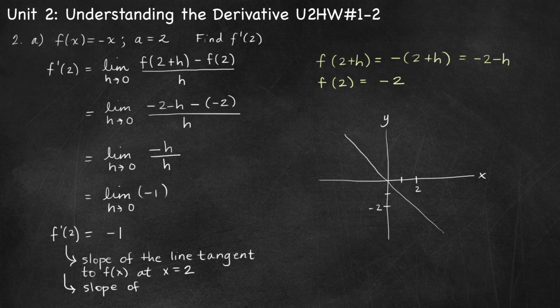So the slope of f of x at x equals 2. Well, here's the point where x equals 2, and the slope equals -1. So that does match the answer that we got. We got that f prime of 2 equals -1, and f prime of 2 just means the slope of the curve at x equals 2.